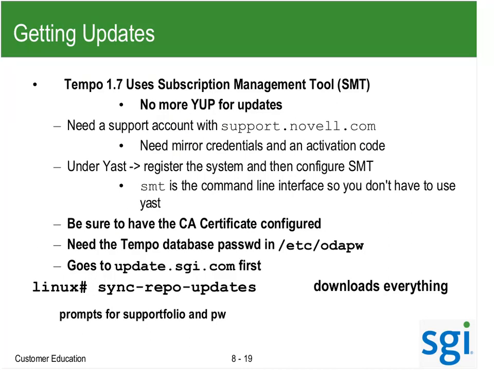Again, it's downloading everything. It's not doing a delta or a diff. It's loading the entire base, less 4 gig ISO. And it is replacing what's in TFTP boot. So what was there actually gets moved out of the way. That's why you don't want to put anything in TFTP boot, SGI, or TFTP boot distro.